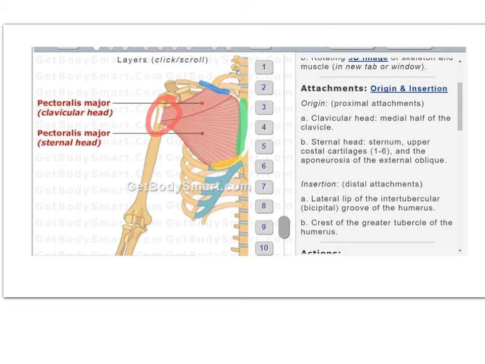It looks like it's the intertubercular groove, and in fact, that's what it says. So looking at the direction the fibers run, if you were to pull on them and shorten them, this top part would bring the arm forward, and this part would bring the arm towards the chest.